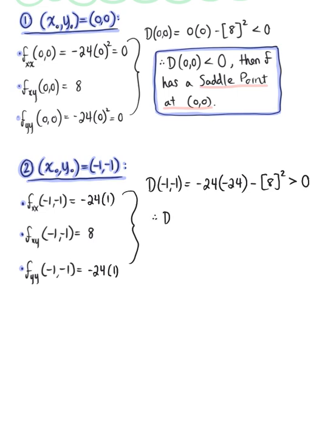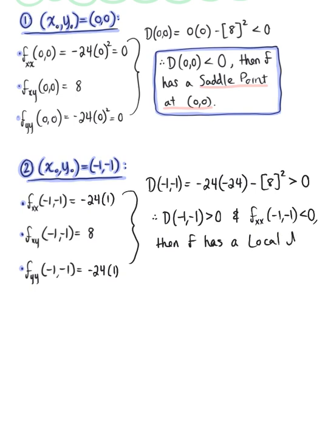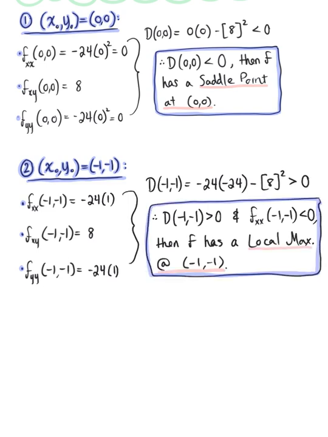So therefore, since the discriminant at this ordered pair is greater than 0, and since the second order partial derivative of x with respect to x at this ordered pair is less than 0, what this is telling us is that the function f has a local maxima at the ordered pair (-1, -1). Beautiful. And so we have classified our second critical point.